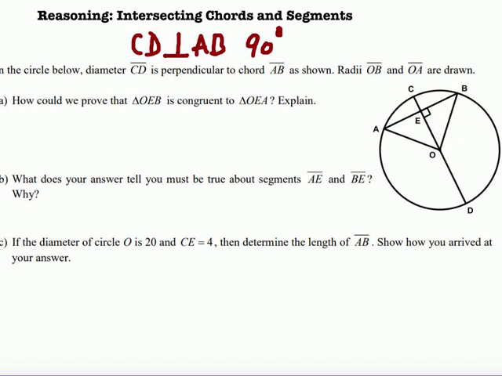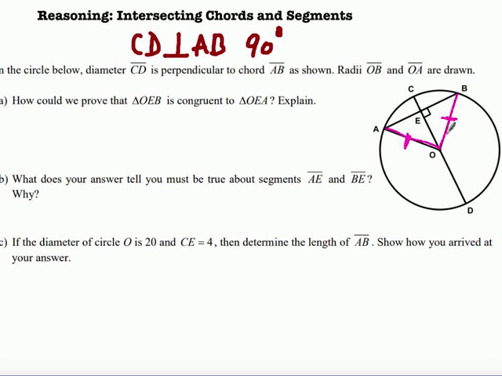So as of now, we know that this distance is the radius, and this is also a radius. These radii are the same exact thing. They have the same magnitude, so they're congruent. So we know that this side is congruent to this side.